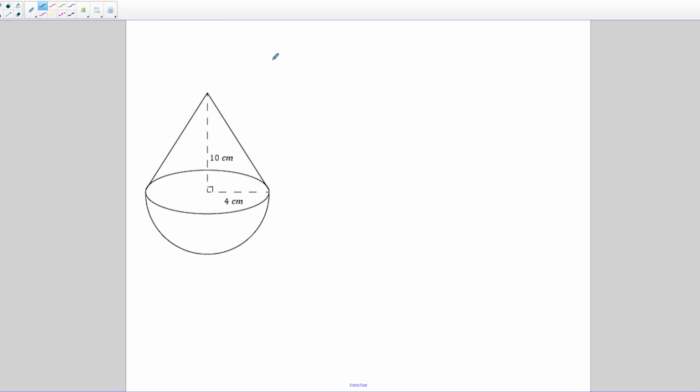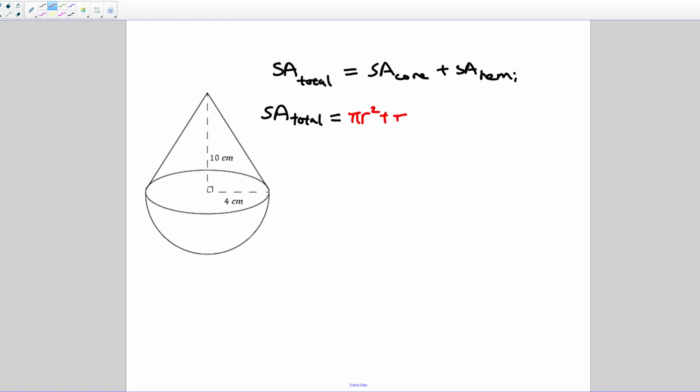So looking at this next example, starting off with a rough idea of what we want to find, we're looking for the surface area of a cone plus the surface area of a hemisphere. So our total surface area, once we actually put in our formulas, we have pi r squared plus pi rs for the cone.